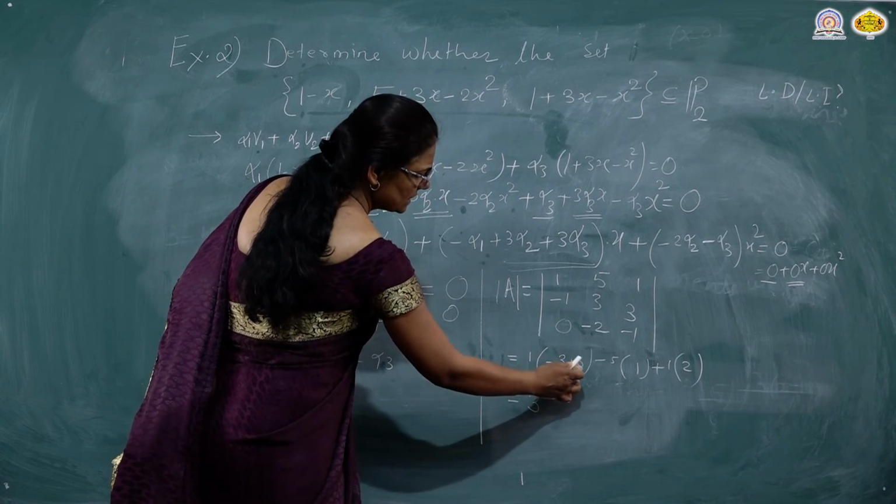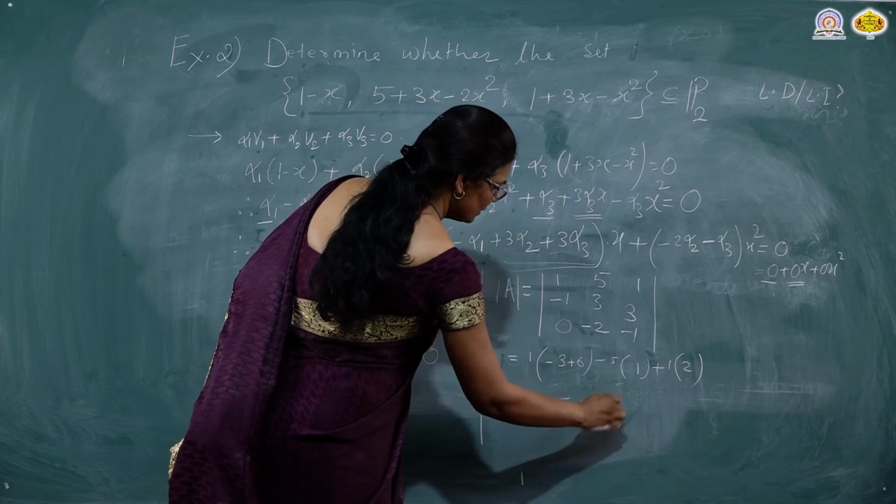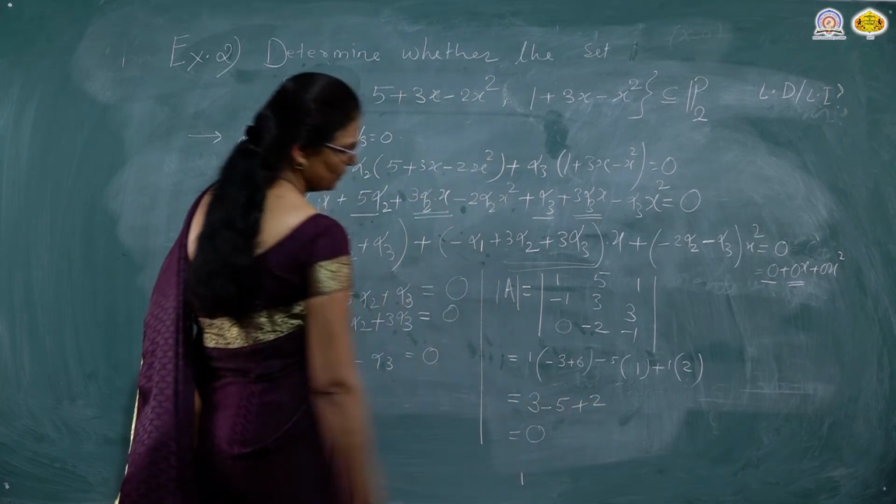Minus 3 plus 6 is 3 here, so write just 3, it is minus 5, it is 2, okay, again the answer is 0.